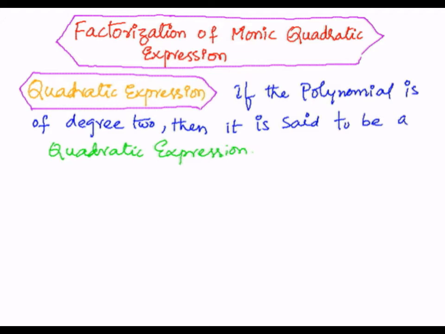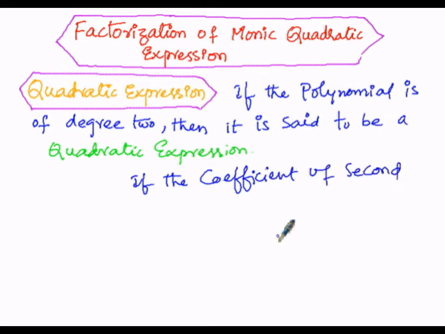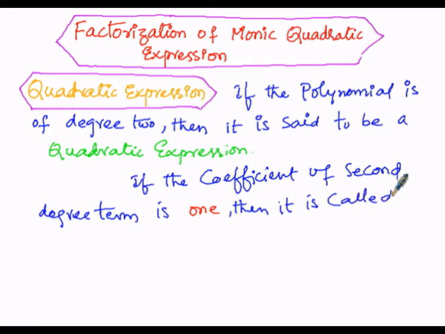Now under it, in case the coefficient of the second degree term, that is the degree 2 term, is 1, then it is called a monic quadratic expression.